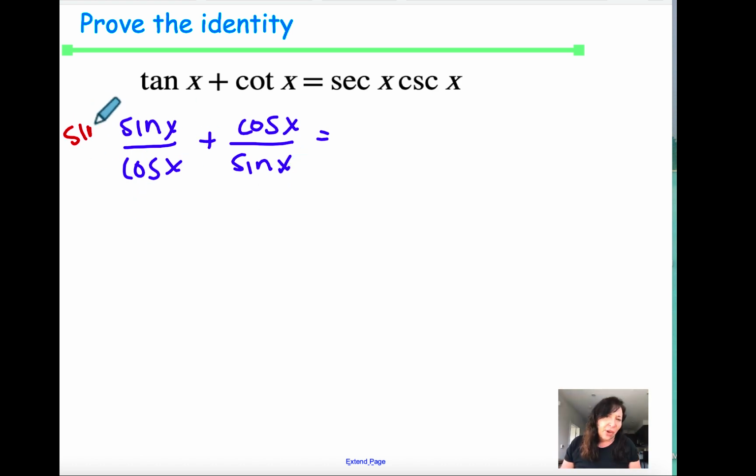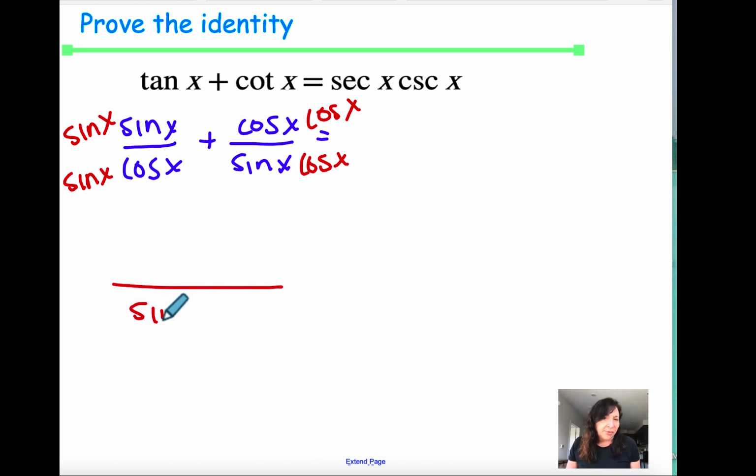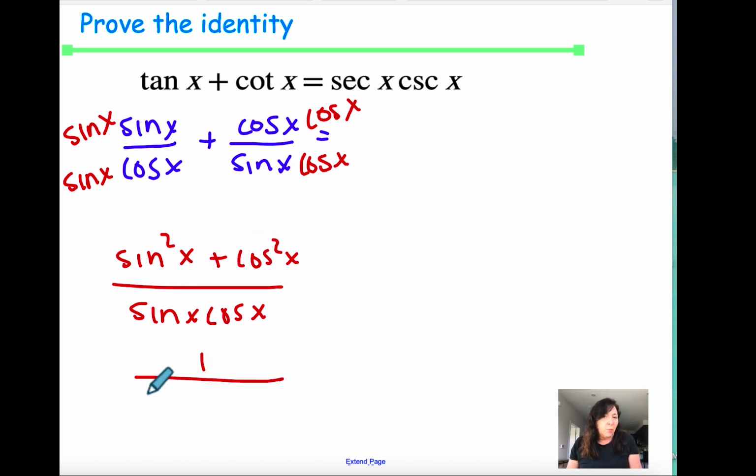This needs a sine, this one needs a cosine. Now my denominator is sine of x, cosine of x. On the top, I end up with sine squared of x plus cosine squared of x, which we know is 1. And so now I have 1 over sine of x, cosine of x.